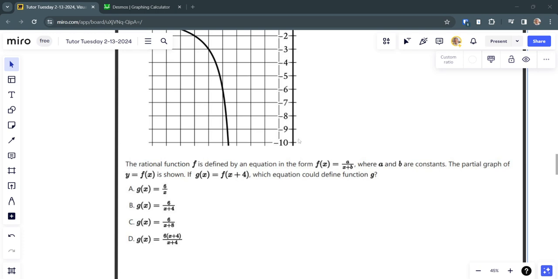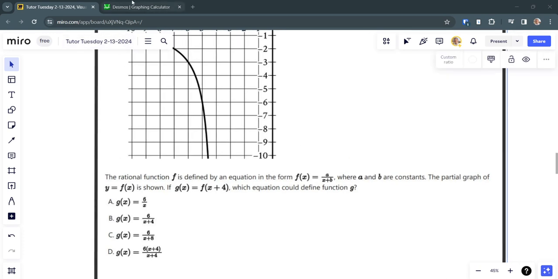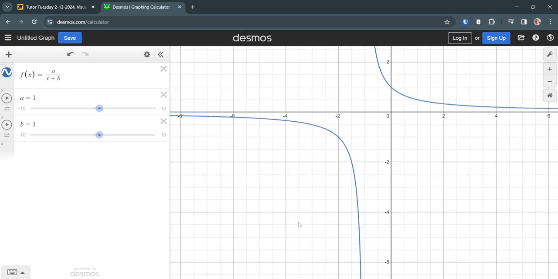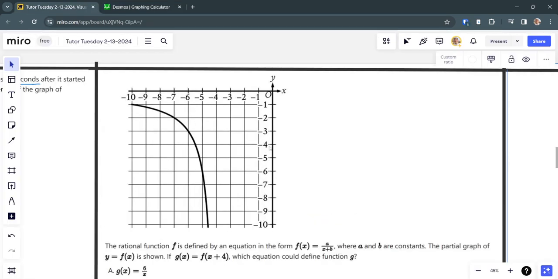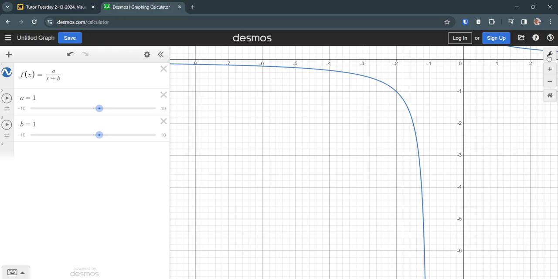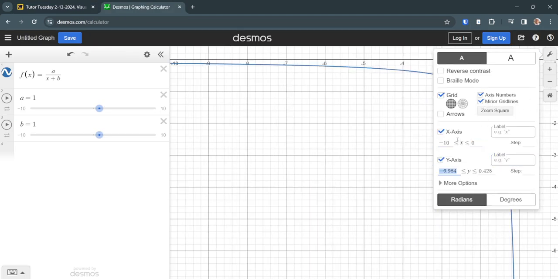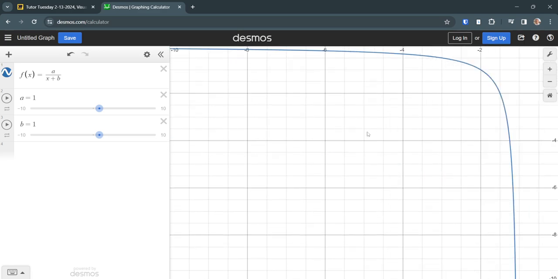One thing we can do here, if you're not sure where to start at all, I would go into Desmos and plug in f of x equals a over x plus b, throw in some sliders for a and b, and focus on the same bounds that the graph has here. It looks like the y-axis is going from -10 to 0, and the x-axis is doing the same thing.